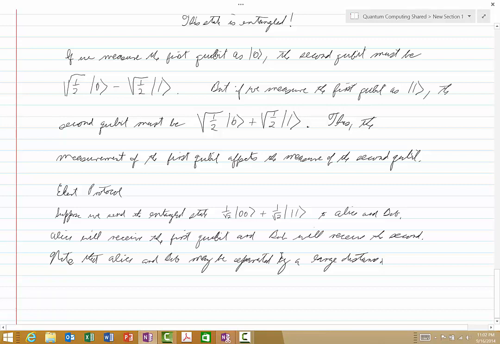Furthermore, you might also note that if both qubits were written in terms of the Hadamard basis, this state is equivalent to this.